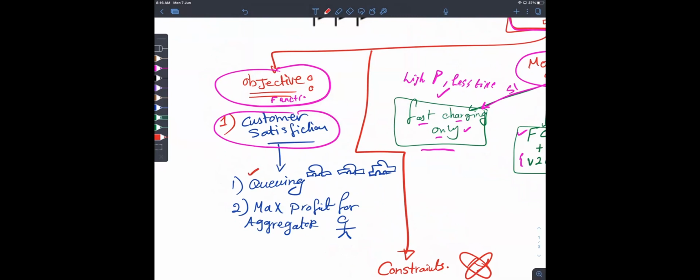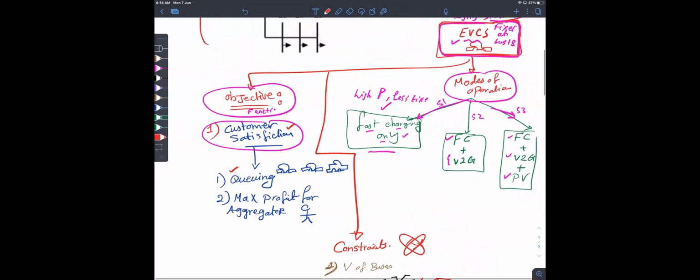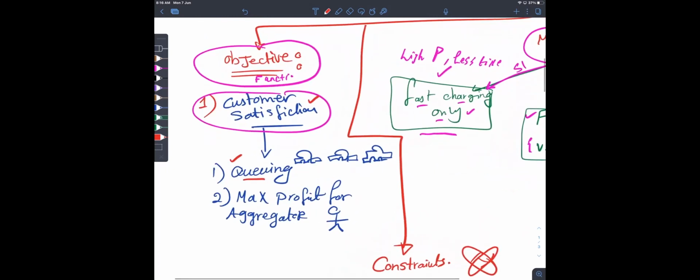A car can come, and I need to maintain that the customer is happy. For example, he wants to charge fast and doesn't want to stay in line. So this is the satisfaction, and satisfaction has queuing.